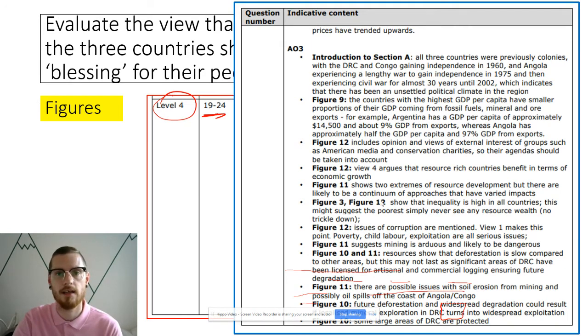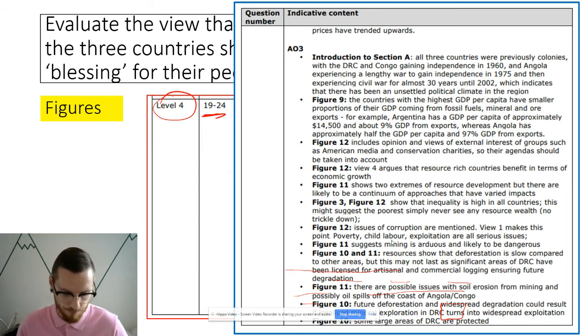So here is the AO3 for this question, and you can see that it's broken down by figure: 9, 12, 12, 11, 3, 12, 12, 11, 10, 11, 11, 10. It's told the marker and the examiner what information could be lifted and used and quoted from the resource booklet in the student's answer. So we expect to see that in your answers. That's your evidence of the PEEL paragraph.